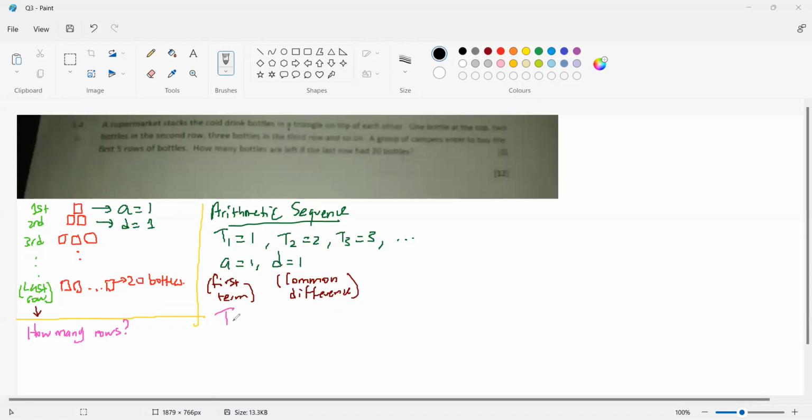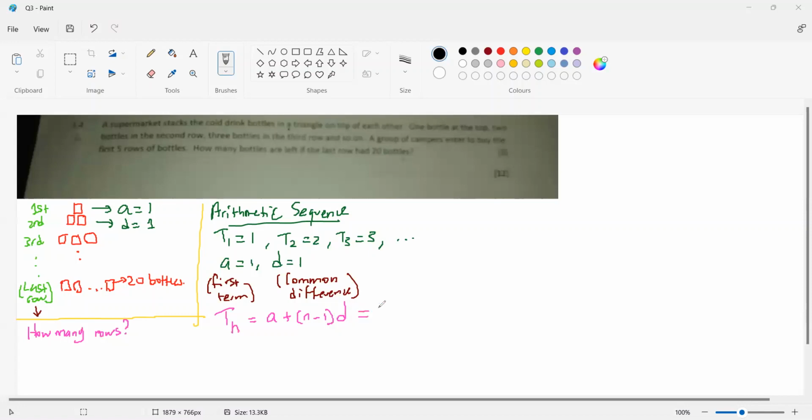The nth row will have n terms. So T_k, the kth row. I use n because the more common thing is to use the letter n. The nth row would have a plus (n minus 1)d. That's the formula for the nth term of this arithmetic sequence.